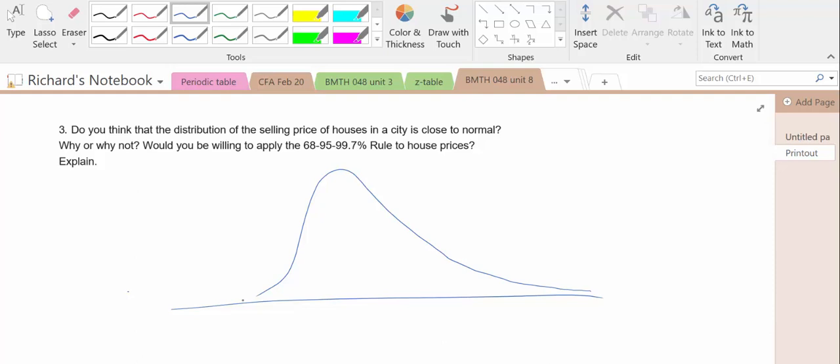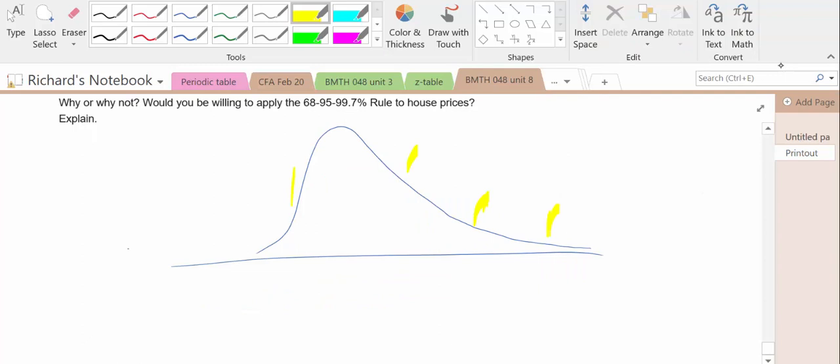Up here, you've got these uber expensive houses, and some very expensive houses, and moderately priced houses. In Vancouver, there's no such thing as a cheap house really. So your distribution is really skewed. Because it's a skewed distribution, it's not a normal distribution. You cannot apply the 68, 95, 99.7% rule.